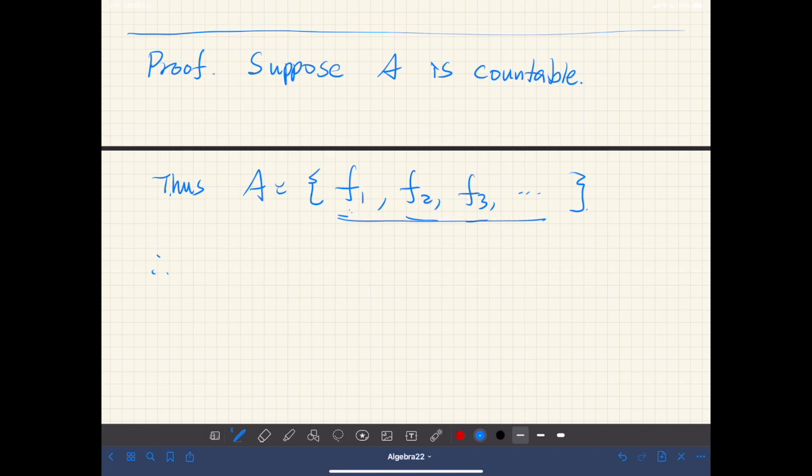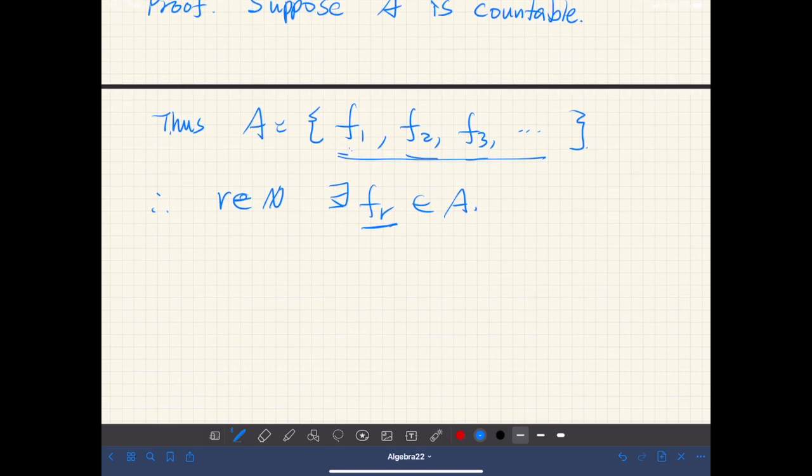So if r is a natural number, there exists fr in A. Now, let's define a new mapping based on this set.